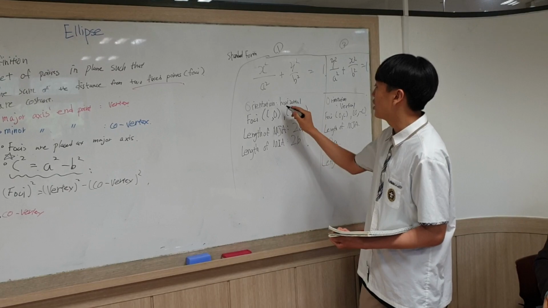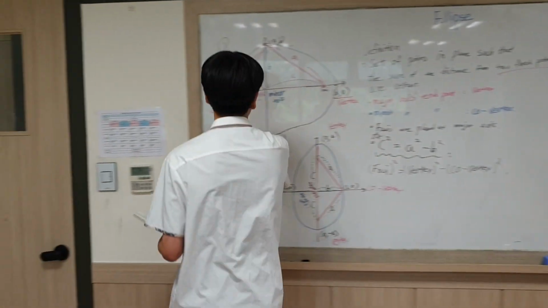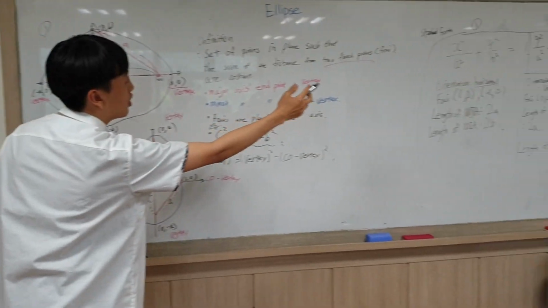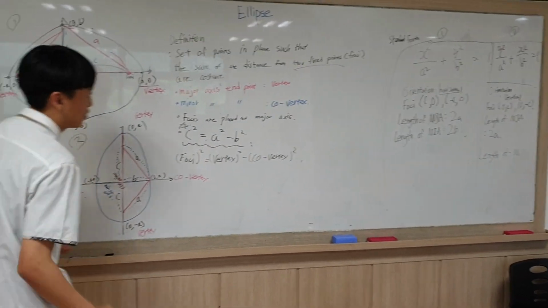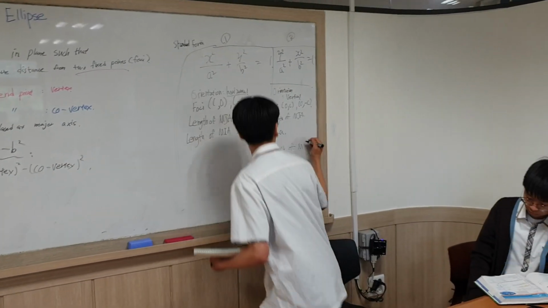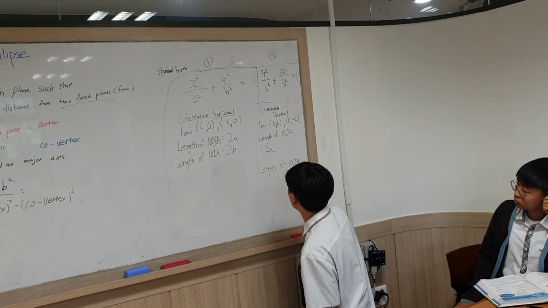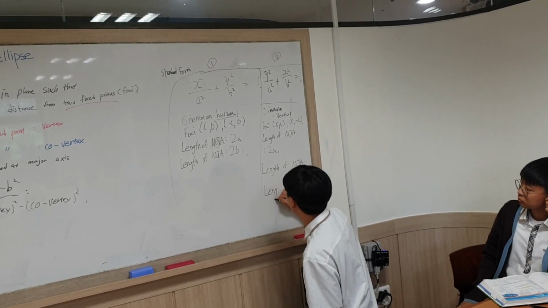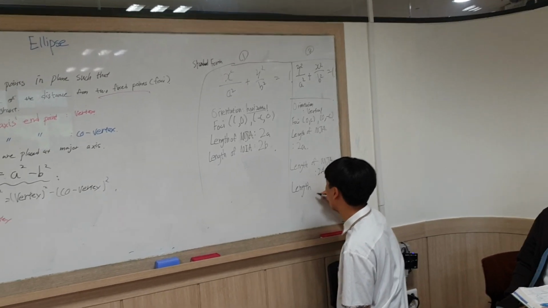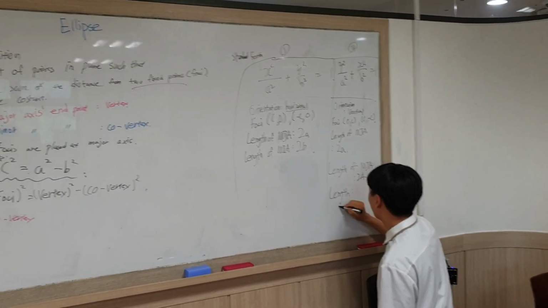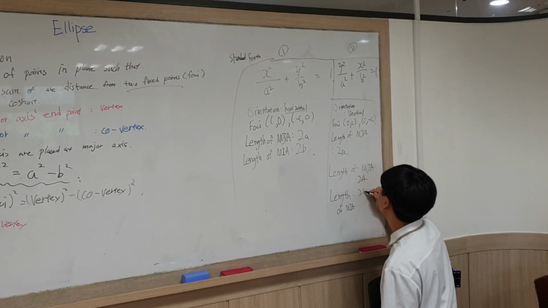So that's why it actually is horizontal, because the major axis is horizontal, and number 2 is vertical because the major axis is vertical, right? And the lengths of these two different graphs are the same because the vertex is 2a again and the co-vertex is 2b.